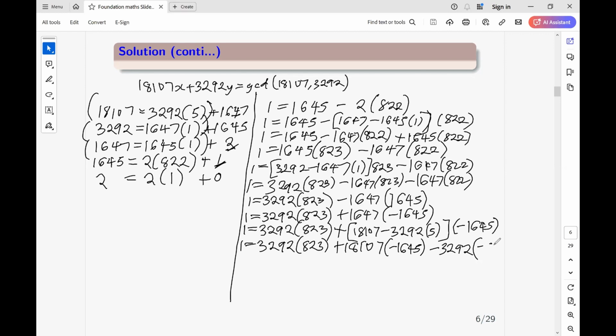Negative 8225. Now we collect the like terms together. So I think this one is going to be a positive. I'm not so sure about it, but I assume it's going to be positive.